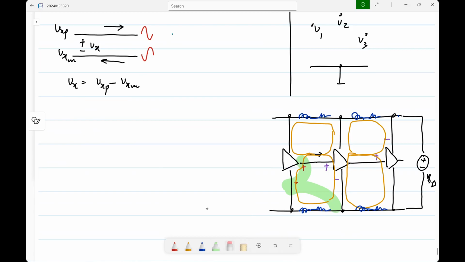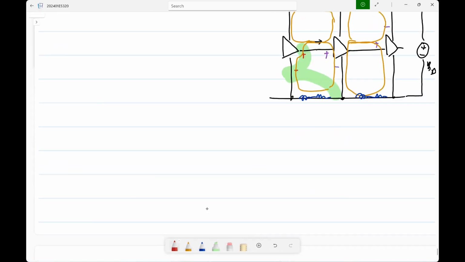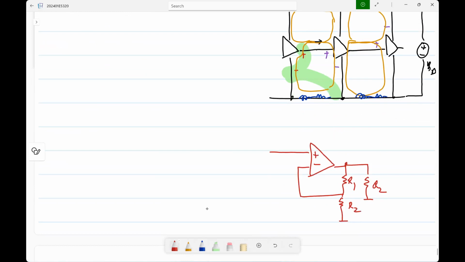Ideally, in fact, I think this problem you must have seen before, that if you just draw a standard opamp amplifier circuit, there is apparent violation of Kirchhoff's current law, right? Because Kirchhoff's current law applies not just to nodes, but to any closed surface. So now if I draw a closed surface around the op-amp, where is Kirchhoff's current law?